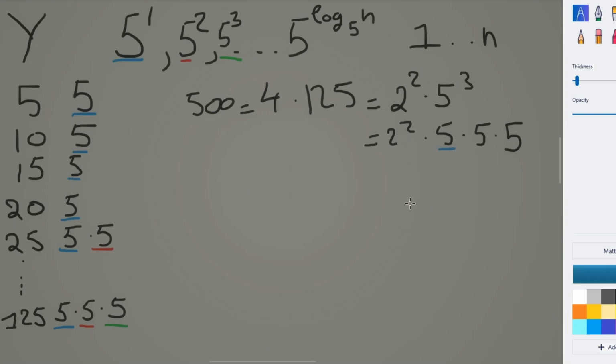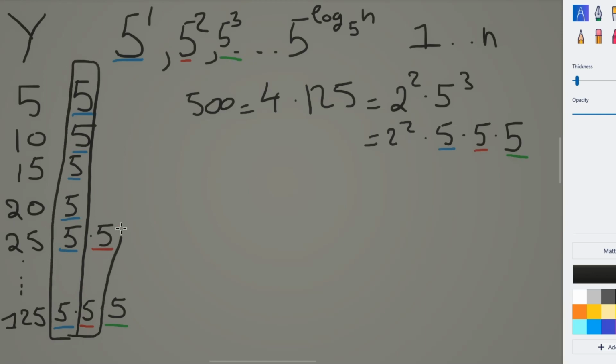So 5 to the power of 1 appears in this number, 5 to the power of 2 appears in this number, and 5 to the power of 3 appears in this number. So by calculating all of these appearances for every single power of 5, if we look at these columns here, we will end up counting essentially how many times 5 appears in the prime factorization of all of the numbers, right?